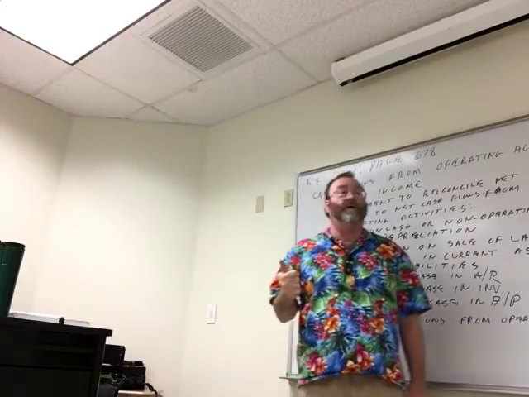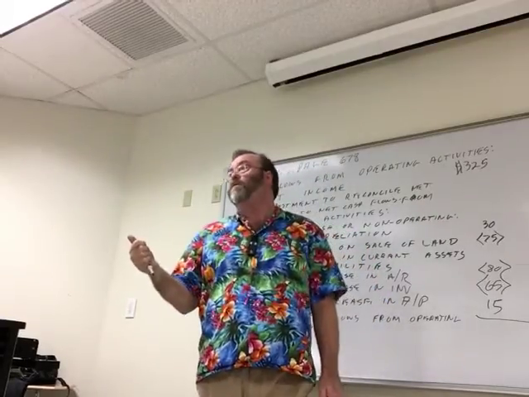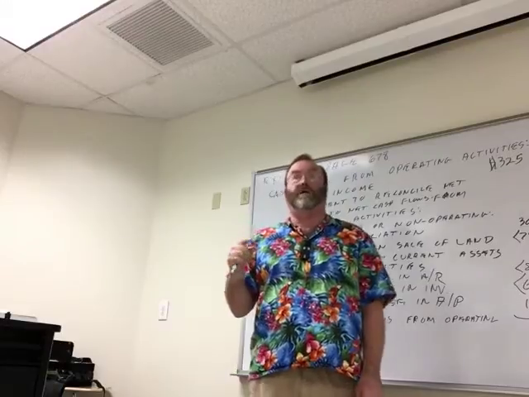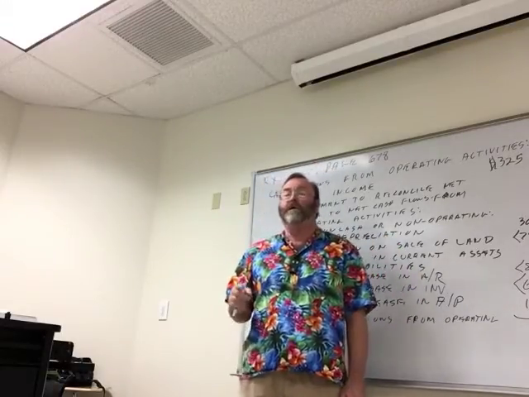There's a problem on bonds that I went over last week, and I'm going to post that video here today or tomorrow, along with the video that I'm doing right now.